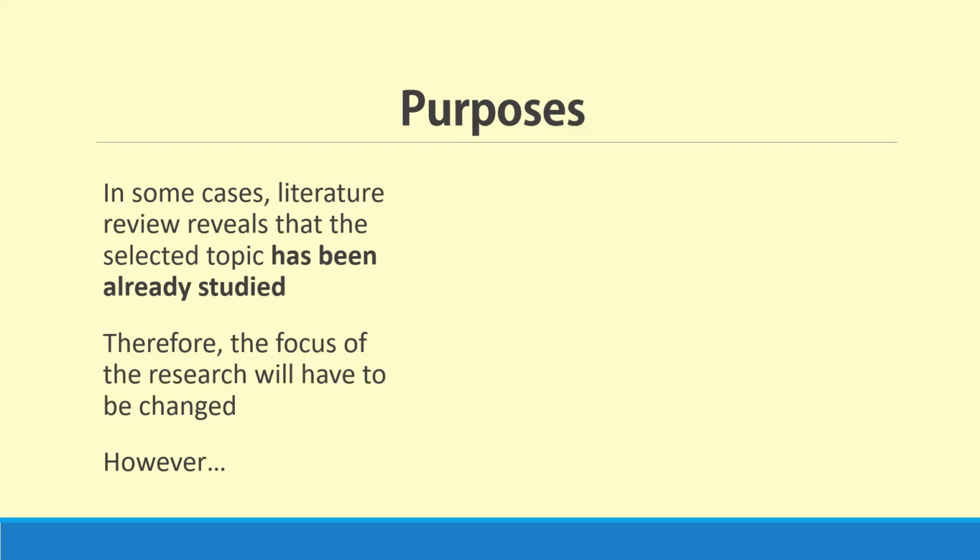If you find out that the topic has already been done, you may have to make some changes in your study because you can't change the previous work. Either you'll have to change the topic, or alter the topic, or change the focus area, or sometimes you will have to go for a completely new topic, right?